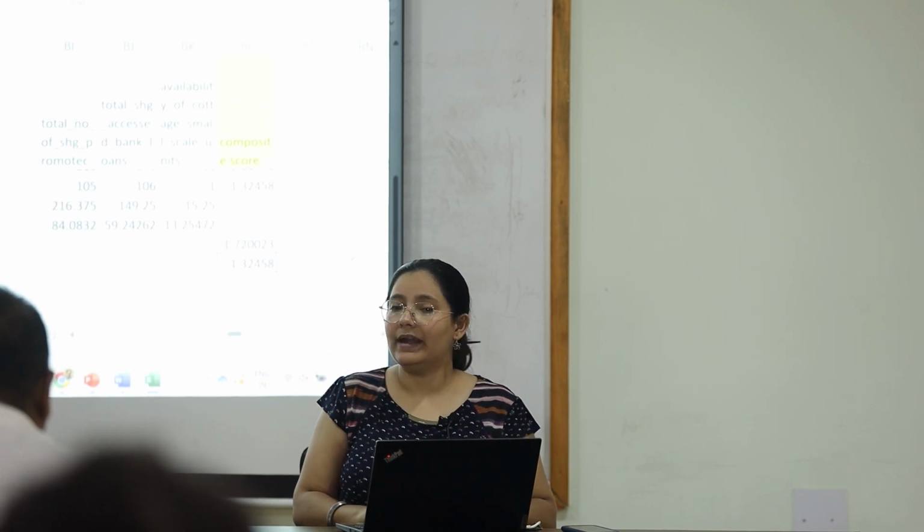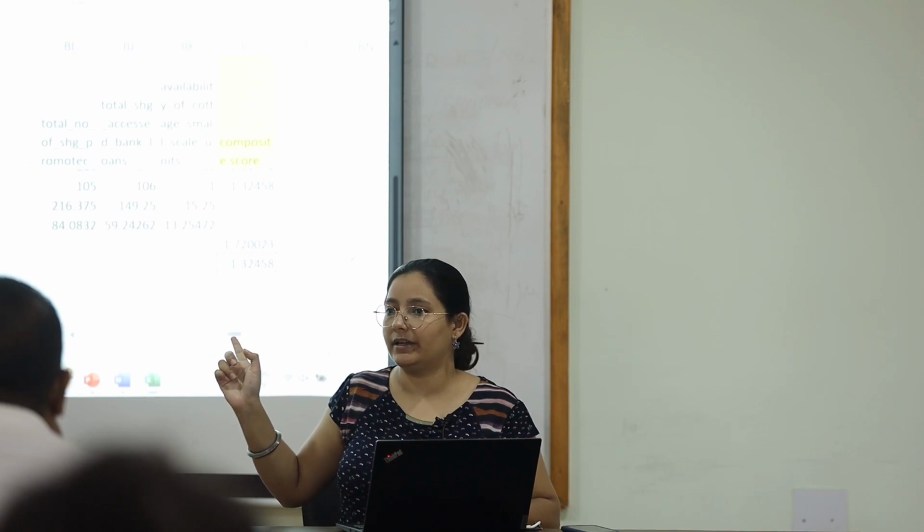Type equal to, now select this observation, the first observation, minus minimum value of this entire column. So what was the minimum value of the entire column? This. Okay? And press F4 because we want to use the dollar sign again.